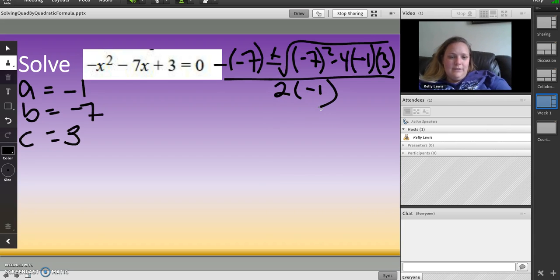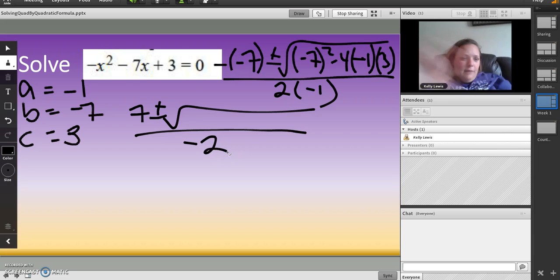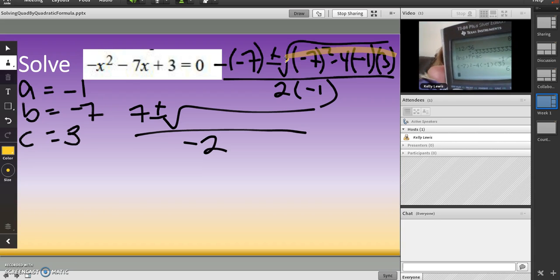So negative 7 is positive 7 plus or minus the square root. Let's do negative 2. I'm going to type that in my calculator. 7 squared minus 4 times negative 1 times 3. I get 61.